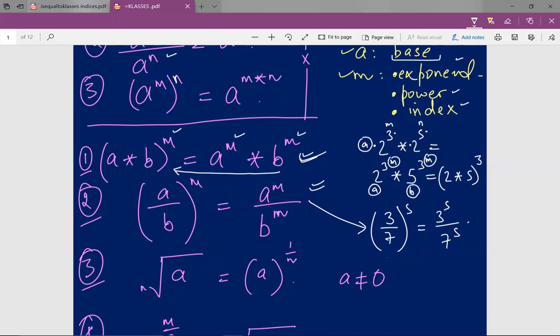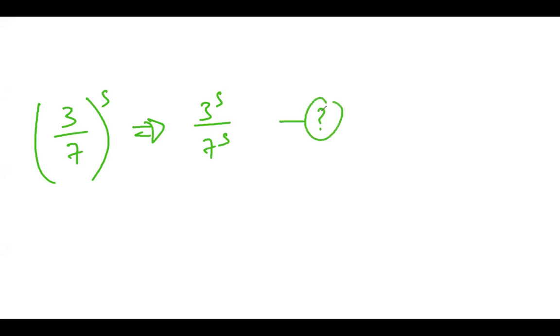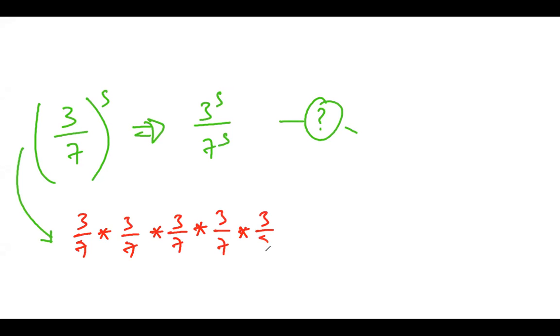Is 3 upon 7 whole power 5 equal to 3 raised to power 5 upon 7 raised to power 5? I'm trying to prove this. Let me take the left hand side: 3 upon 7 into 3 upon 7 into 3 upon 7 into 3 upon 7 into 3 upon 7.